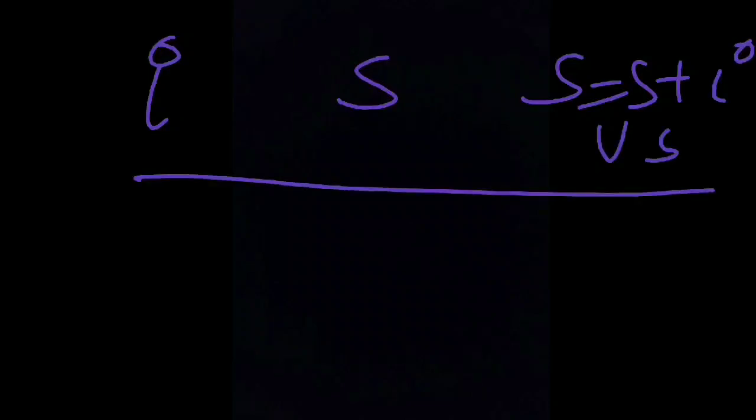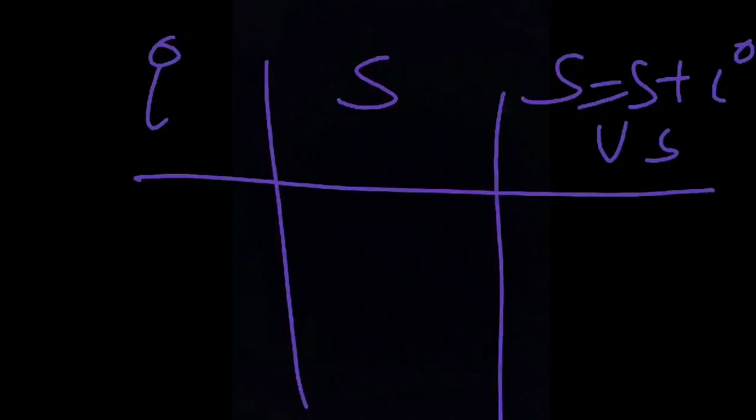But let's reconsider it. Let's understand it again in great depth, what actually we are talking about here. So let's consider s, and the updated sum s is equal to s plus i. Now what will be the value of i?